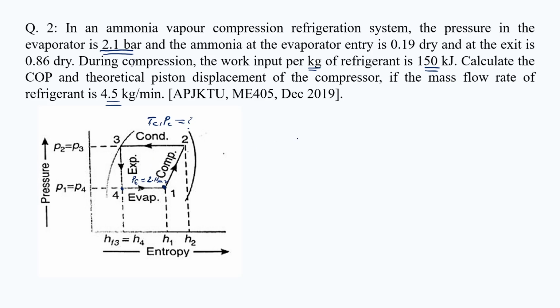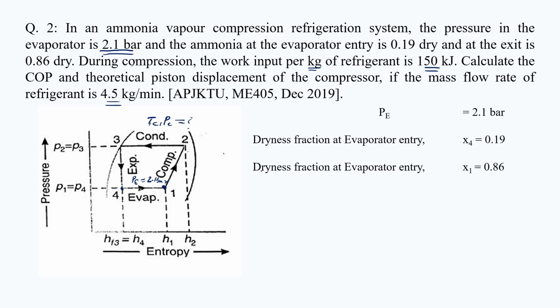So we can write the data given as the pressure of evaporator as 2.1 bar. Also the dryness fraction at evaporator entry, X4, as 0.19, and the dryness fraction at the exit of the evaporator or the compressor entry as X1 equal to 0.86.